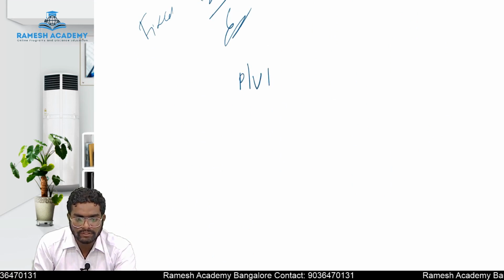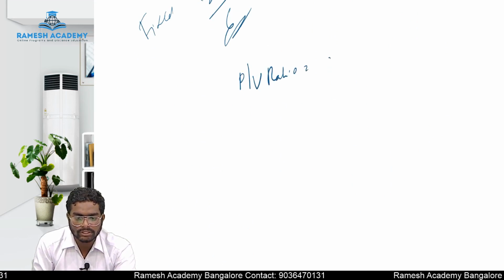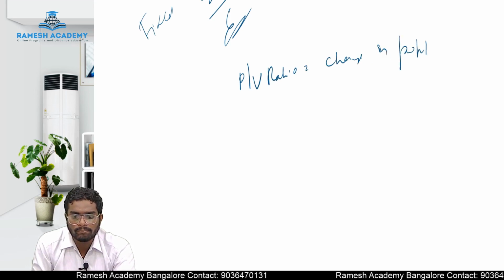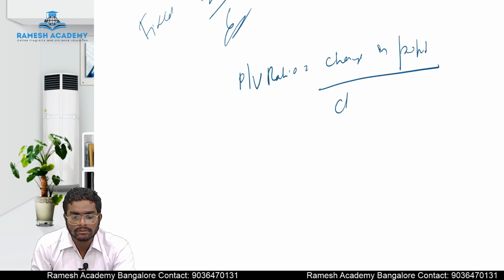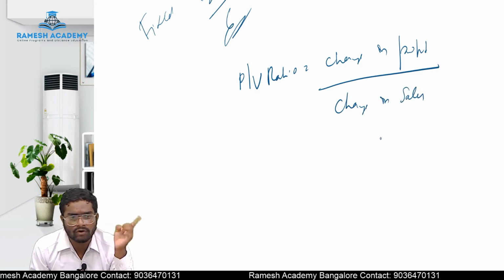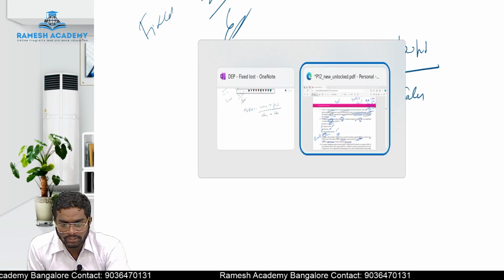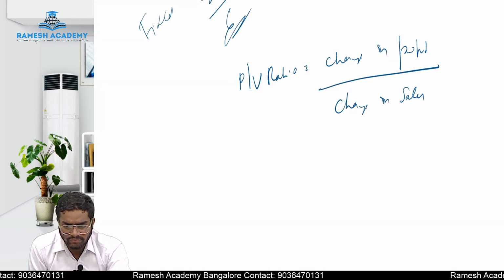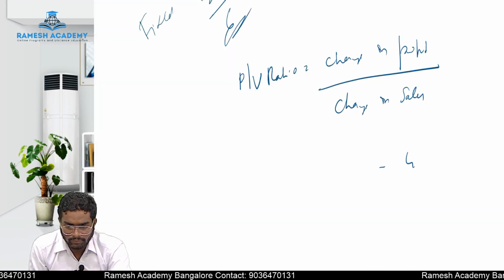So PV ratio is nothing but change in profit divided by change in sales. So this was one formula for PV ratio. Here, first for 8,000 units, it incurred a loss of 5 rupees, which means 8,000 into 5 is 40,000, negative 40,000.